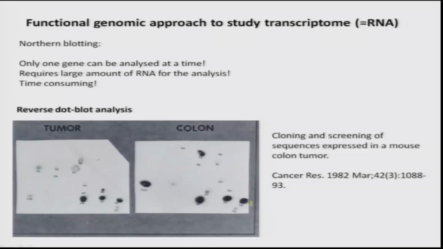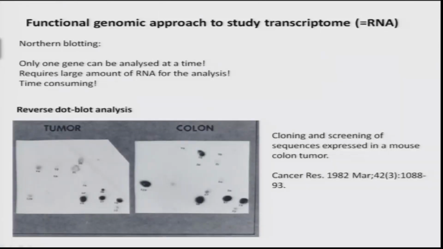This particular group, this paper was published in 1982, selected genes, or rather the cDNA of genes, which they were interested in, and then they took this DNA, denatured it, so it becomes single stranded, and then spotted it on a membrane.